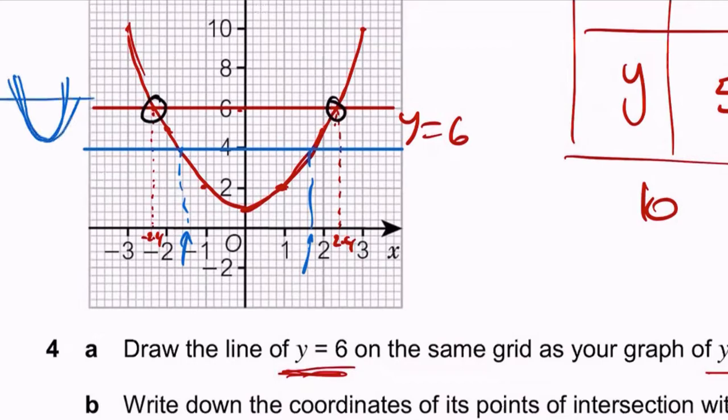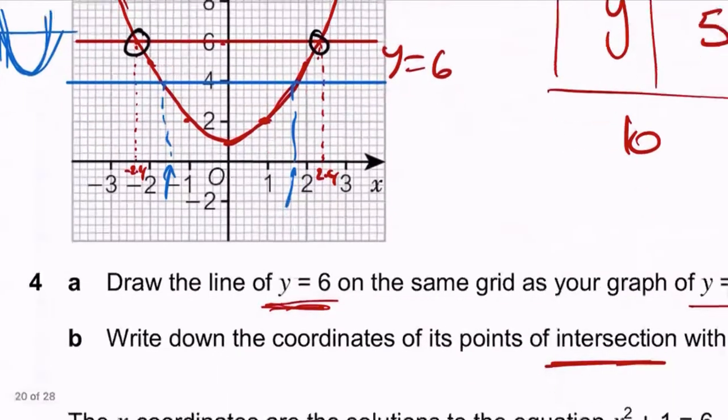So the intersection points will be different from one person to another. Graphically you are getting an estimation or a rounded figure, because your hand is not 100% accurate. It's not a computer. But algebraically you will get an approximate answer that is more accurate than the drawing one.